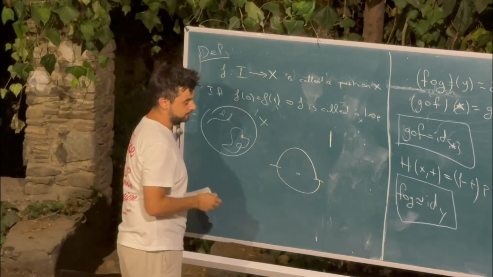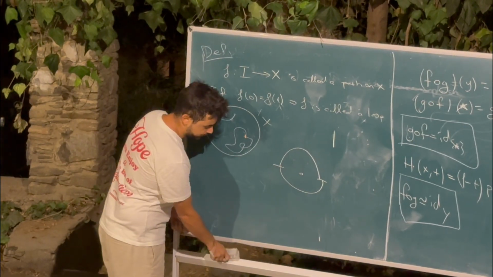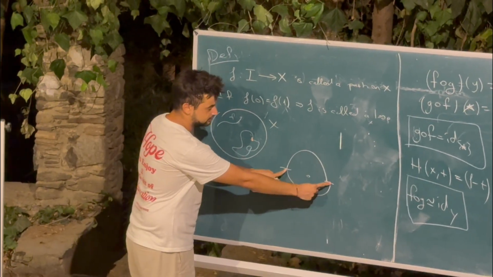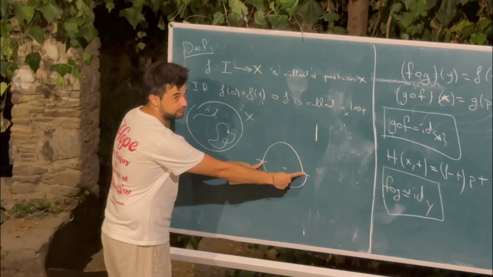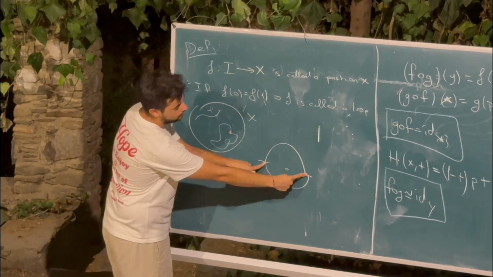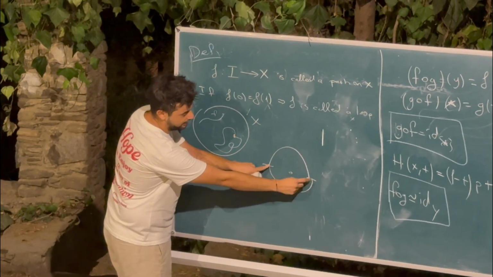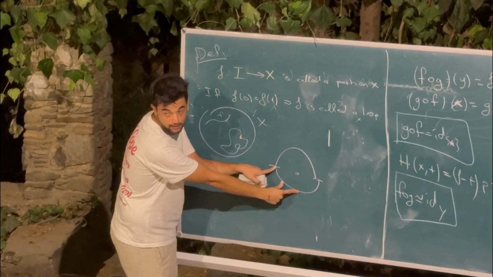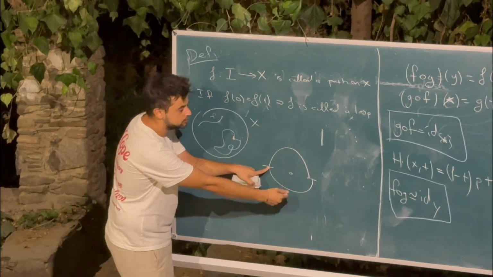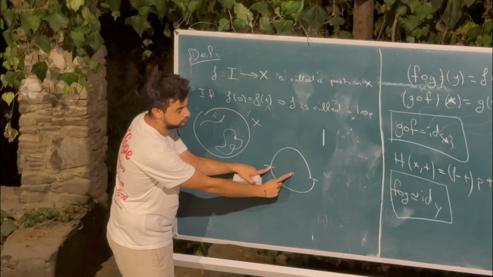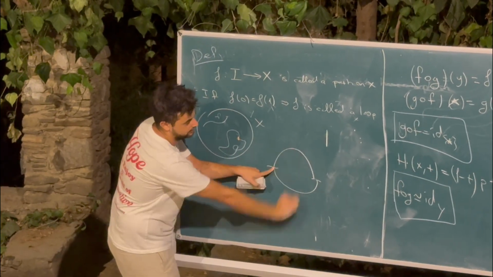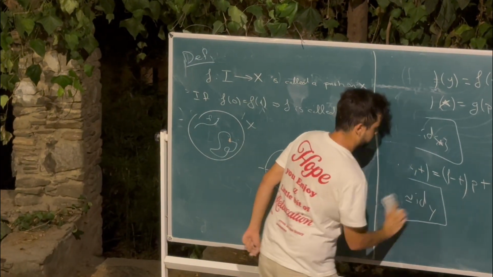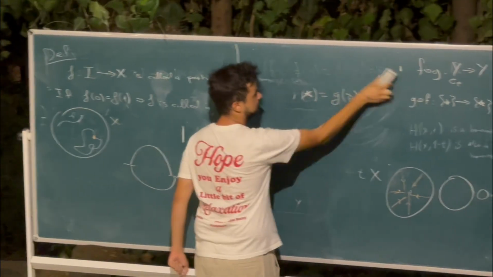For this, I'm going to force my homotopy to have the property that these endpoints are fixed throughout the homotopy. If these endpoints are fixed, I can't deform this path to this path. So my homotopy will detect this puncture, because if I don't puncture this, I can just deform it. So let's define it.